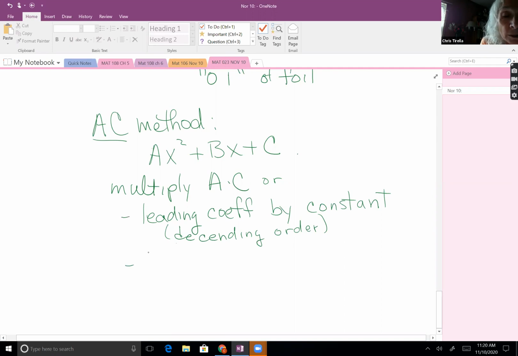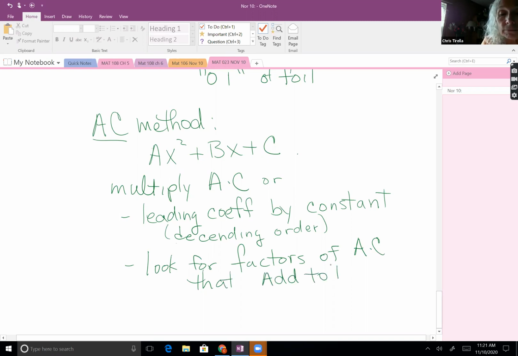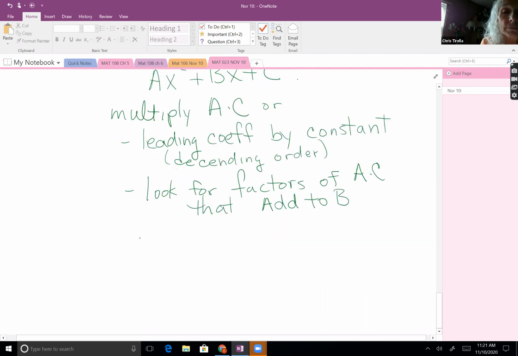Then what we do is we look for factors of that product, a times c, that add to b. Then we're going to replace b with that sum. And factor by grouping.